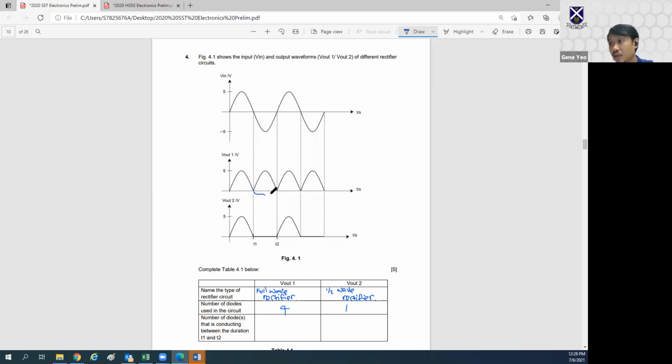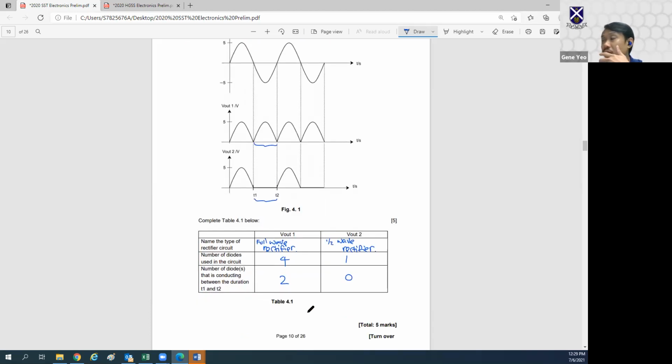For a full wave, at any half of the wave, only 2 diodes are conducting. Over here, 0 diodes are forward biased. This is where the diode is in reverse bias, and that's why it's not conducting.